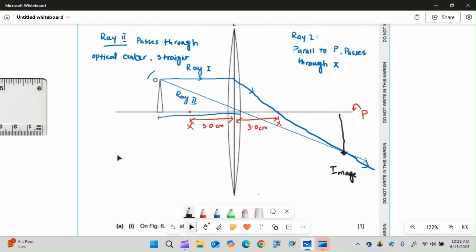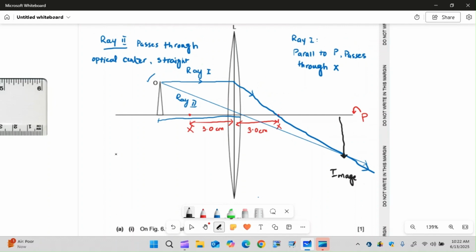Here I would like to mention that this image is real because it is on the other side of the lens. It is inverted, and also it is enlarged. We can see that it is larger than the actual object. So this is enlarged, real, and inverted.